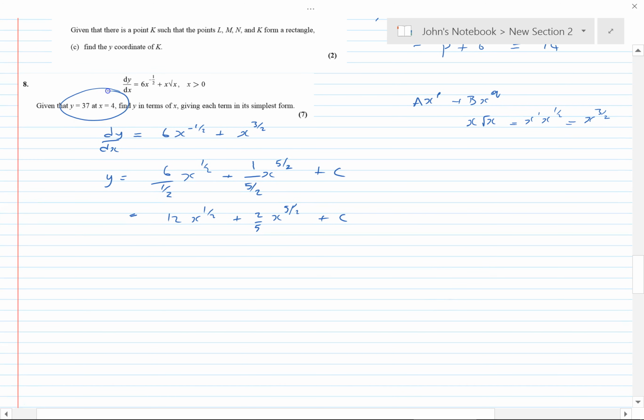Okay, so now we can use this. When x equals 4, y equals 37.